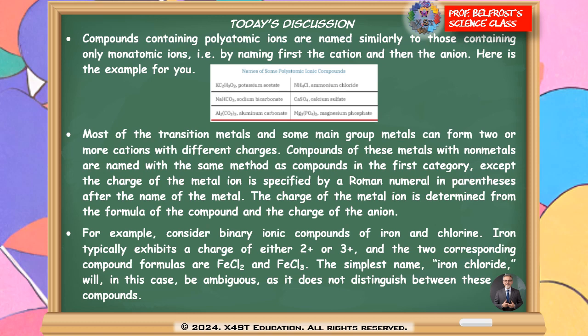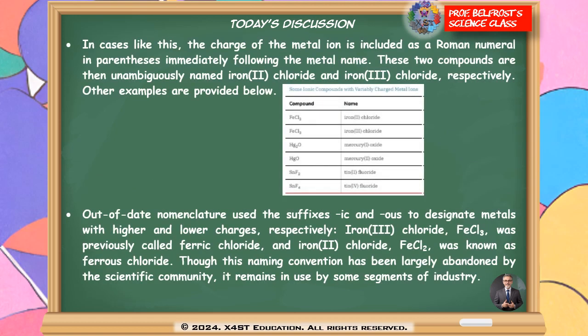The simplest name, iron chloride, becomes ambiguous in this case because it can represent both FeCl2 and FeCl3. So in a case like this, the charge of the metal ion is included as a Roman numeral in parentheses to distinguish which one we want to tell the reader about. So we can state iron(II) chloride or iron(III) chloride respectively.